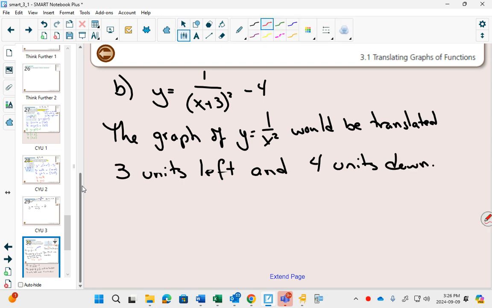And as a result, our vertical asymptote at x equals 0, when moved 3 to the left, will go to x equals minus 3. And our asymptote at y equals 0 would get shifted down to y equals -4.